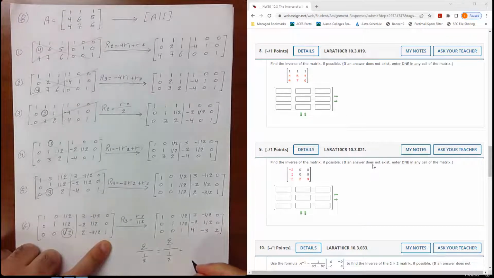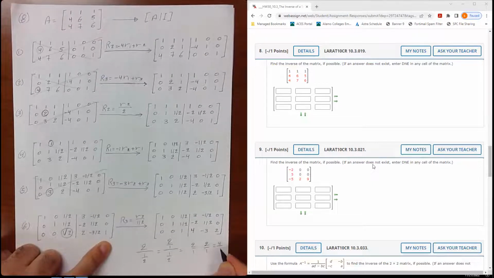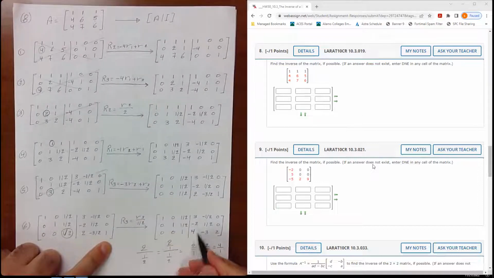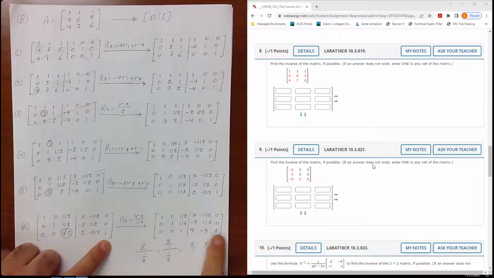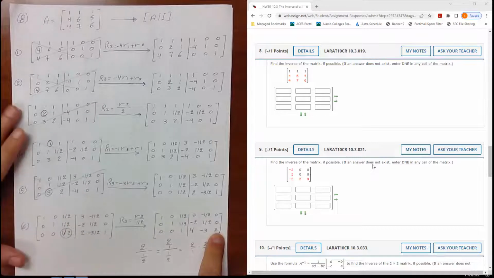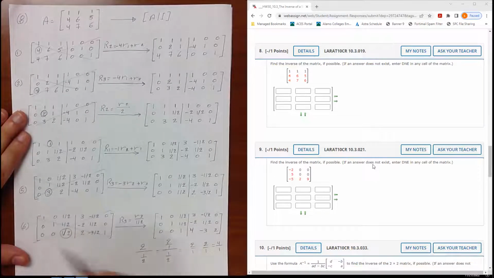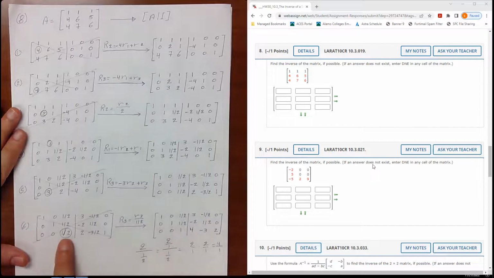So write down 2 over 1, take the reciprocal of the second one, which is 2 over 1. So the result is going to be 4 over 1, which is 4. That's why we get 4 here. And 2. So now this is the new matrix. I'm not going to look at this one anymore.